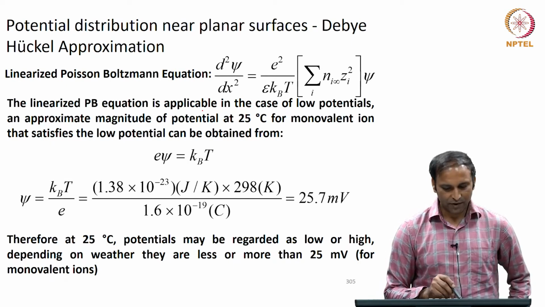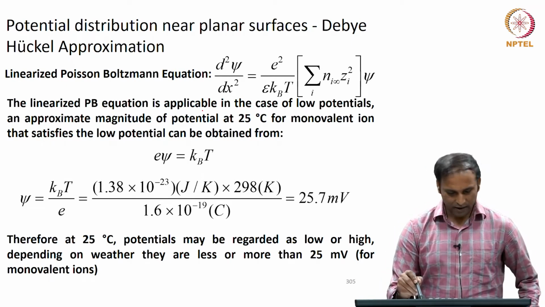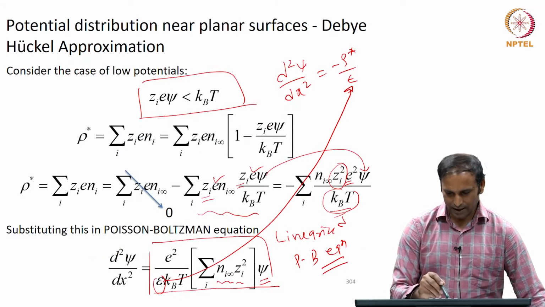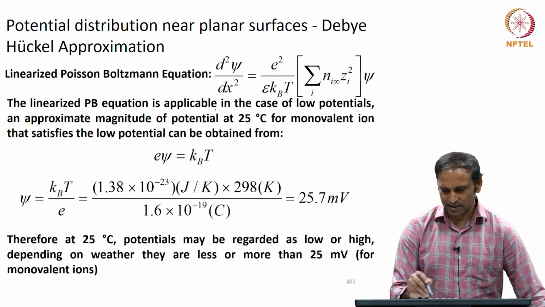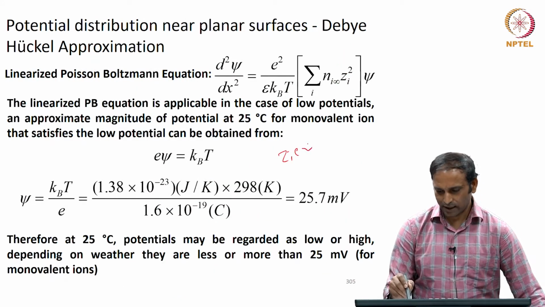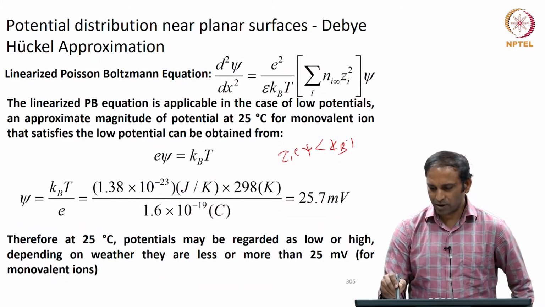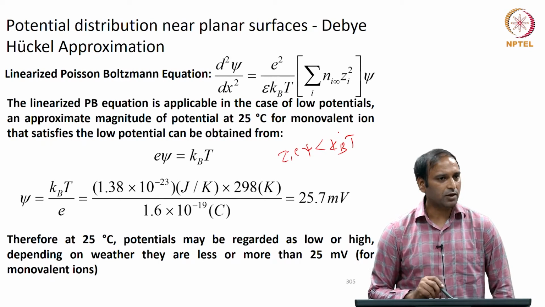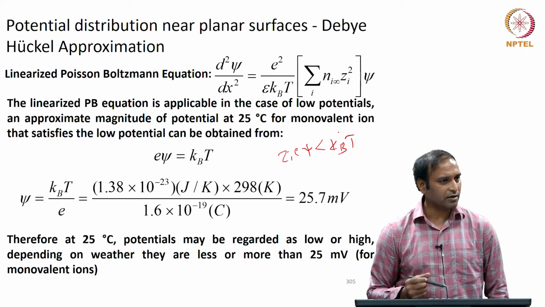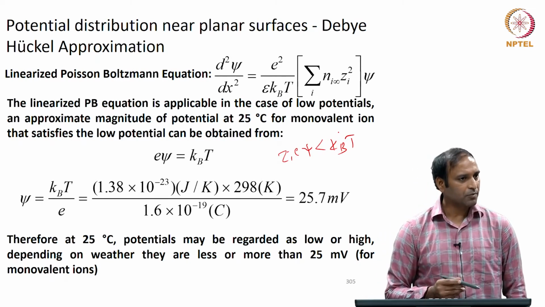Let us look at the limiting case. Zi E psi must be less than kBT for me to say that I am working with a low potential case.